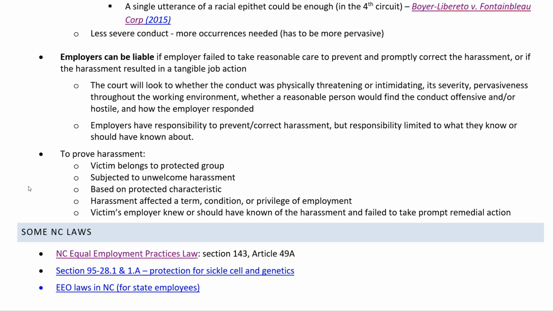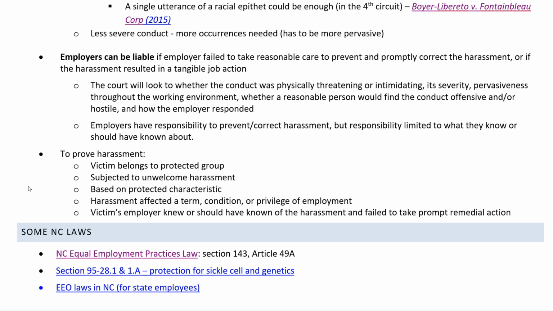Now the employer has a responsibility to go in and do something about it, to take some type of corrective action to prevent this harassment from continuing. And if they don't, then the employer can have liability. Now, if it's stuff that's happening behind the scenes and the employer does not have any awareness about what's going on, then they could have a pretty good defense in court later on.